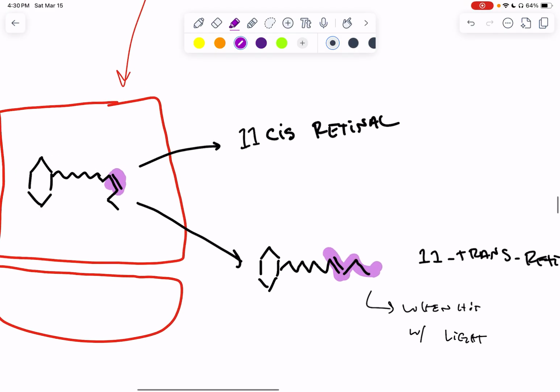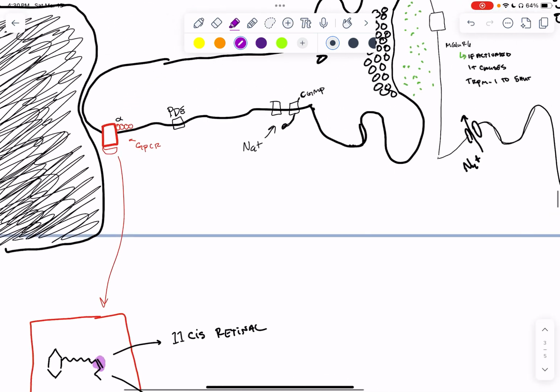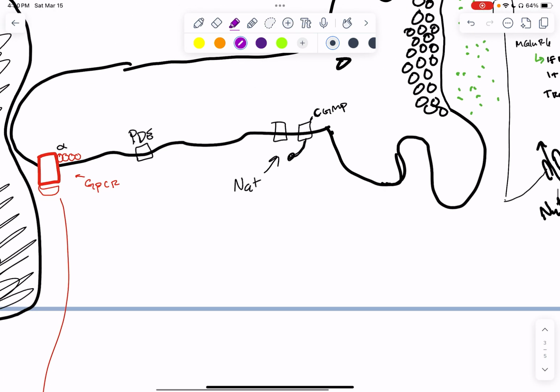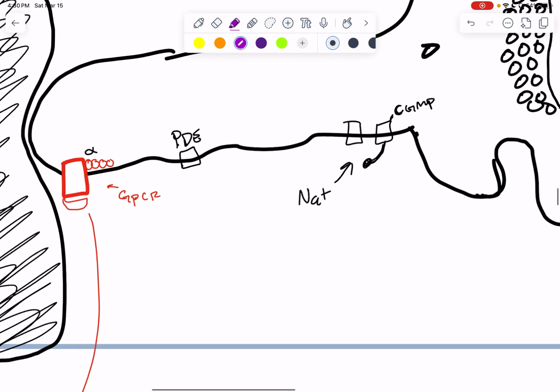When this double bond is severed, it looks like this. It actually changes from 11 cis retinol to 11 trans retinol, meaning that the tail end of the molecule is actually straight.